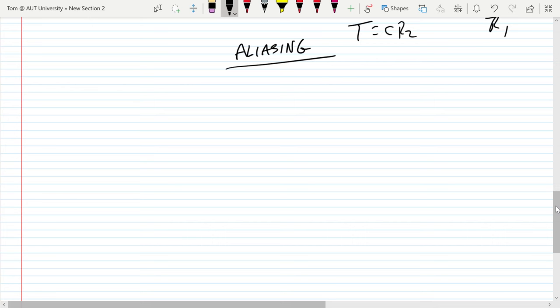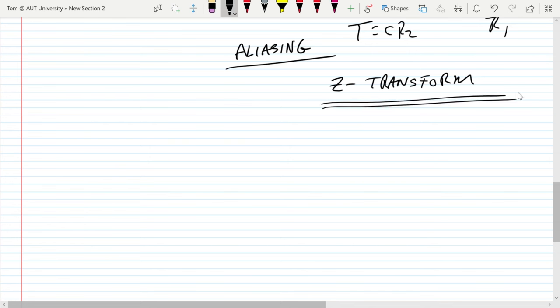And we're going to move, instead of the Laplace transform, to the Z transform. But we needn't be scared of the Z transform, because in this particular case I'm only going to use it for one thing. I'm not going to be going into complicated Z transfer functions and step responses and all the sort of stuff that you'll see in textbooks. It's going to be a much simpler approach.